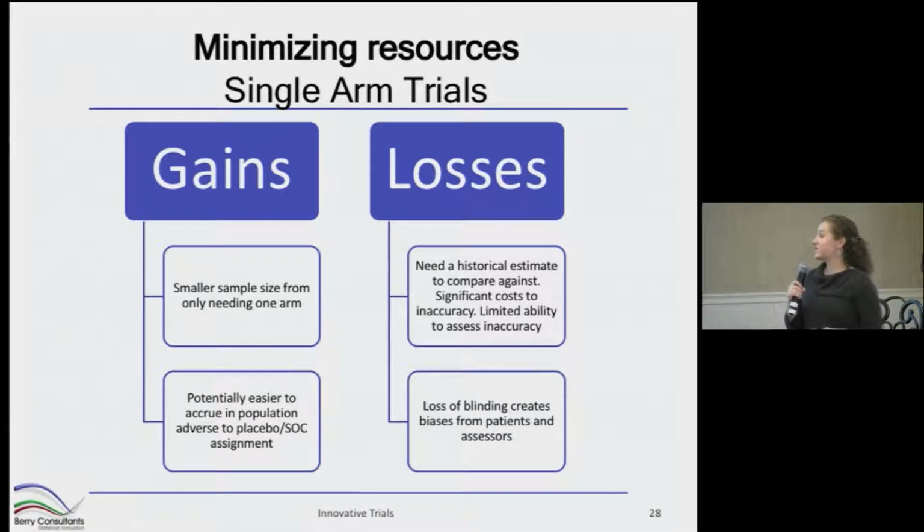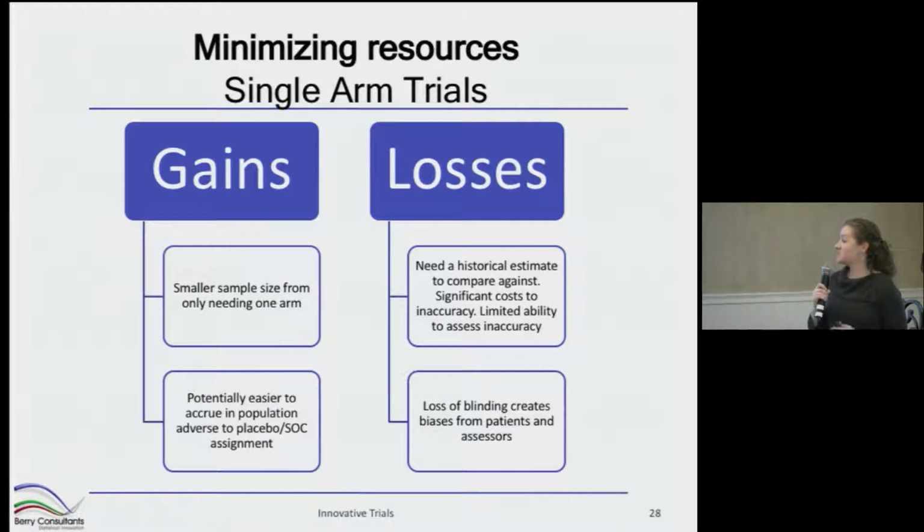So those things make the single-arm trial beneficial, but some of the losses, and we'll go through in detail and describe these, one is that you need that historical estimate that you're going to compare to. So you need to have some assumption about what your control arm rate is. And as we'll see, if we're not accurate about that, if we are off in that estimate, we can see some severe losses in terms of our power and our type 1 error rate. And one of the other big issues with single-arm trials is we've violated one of those kind of pillars that Kurt described at the beginning of the session today.